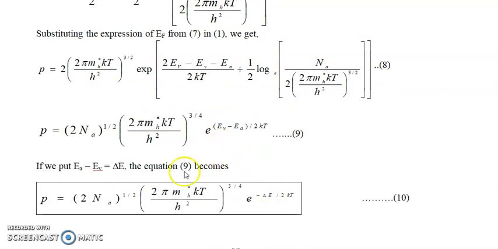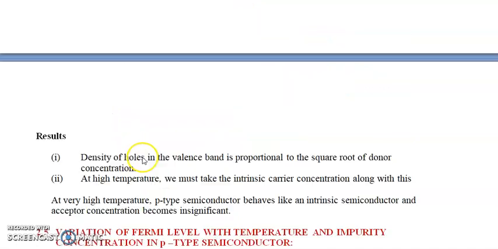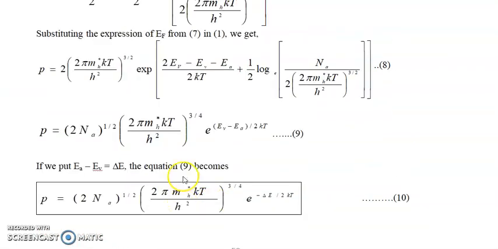We know that the ionization energy, ΔE, is the difference between the acceptor level and the valence band, so Ea − Ev is the ionization energy ΔE. Substituting, the final expression is p = √2 [Na (2π mh* kT/h²)^(3/2)]^(1/2) e^(−ΔE/2kT).